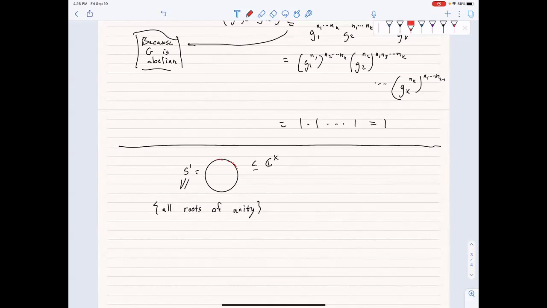Wait, you said it's dense on the circle, these roots of unity? Yeah. Every single point in the circle? Well, dense means that if I take its closure in the sense of topology, the smallest closed set that contains all these points, it will be the entire circle. Another way of saying it is if I look at any point on the circle and take any little epsilon neighborhood of it, it will contain points in this set.